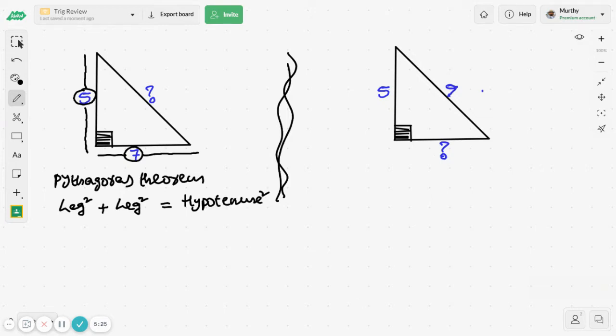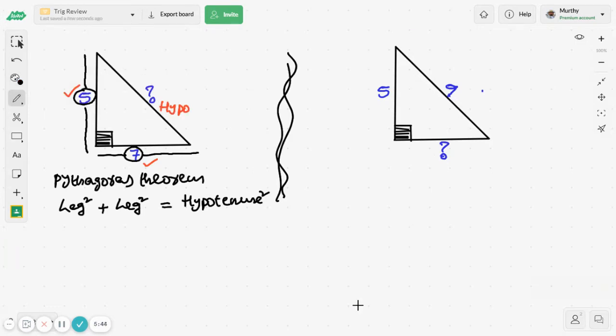Let me plug in these values. One of the legs is given as 5 and the other as 7. Please don't forget, the side opposite to 90 degrees is the hypotenuse.